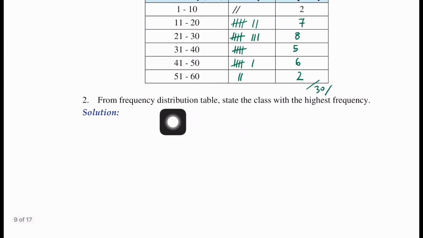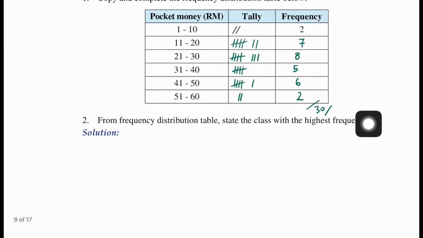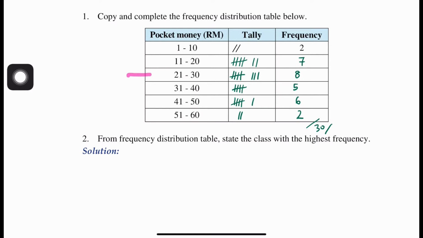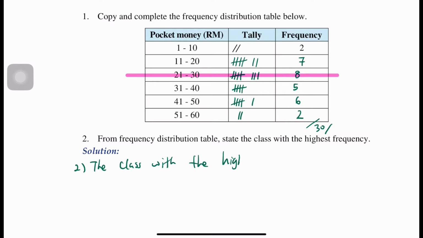Next. From the frequency table, state the class with the highest frequency. Highest frequency, kekerapan yang paling tinggi. So yang ni lah, this one. The highest frequency is, tulislah: the class with the highest frequency is 21 until 30.